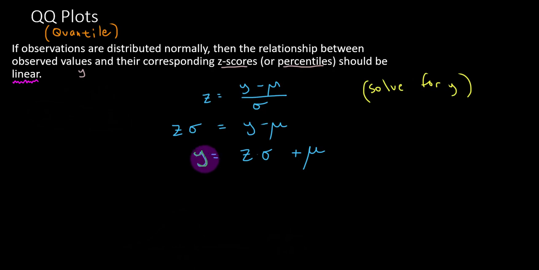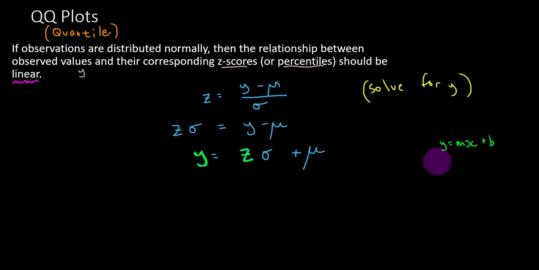And notice here what a line looks like. The equation of a line is often written in slope-intercept form, mx plus b. And that's exactly what we've got going on here, but we are using different letters. This is essentially a line between y and z, just like this is a line between y and x.